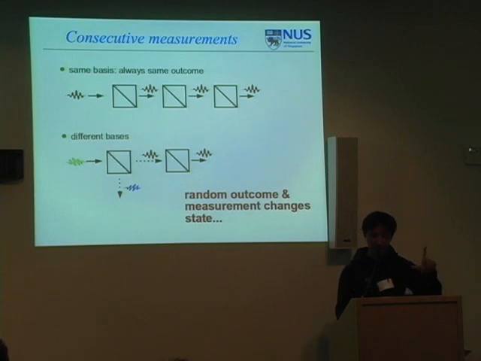Yes, you have to get it correct, because you have to make sure that when you're measuring HV or plus minus 45, those states are correct. But it's not so crucial, because if you're working on photons, there are optical elements which are actually very high quality, which give you exactly HV or plus minus 45.